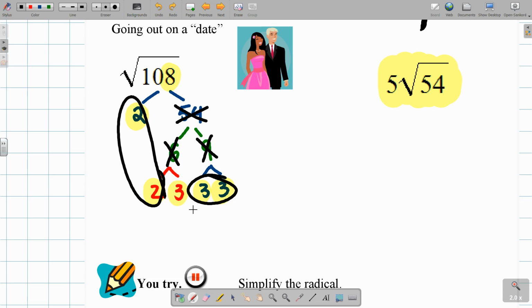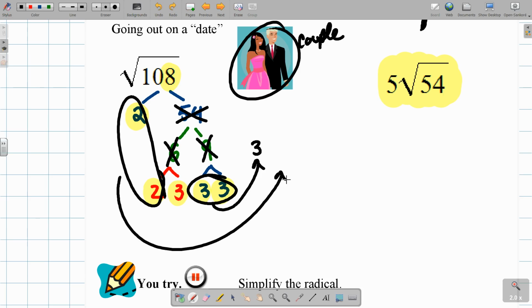Storyline is this: if you have a date, you get to go out, but when you go out, the word couple is singular. We say, oh, there goes a cute couple. So if I bring out a date of 3s, only one 3 comes out. A date of 2s, only a 2 comes out.